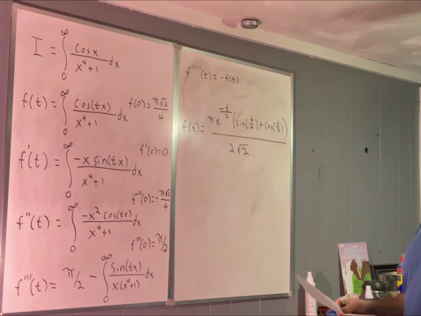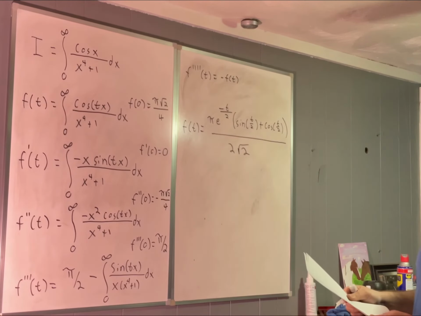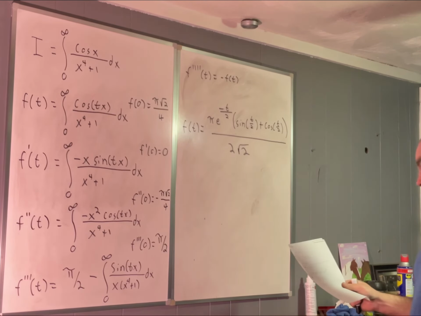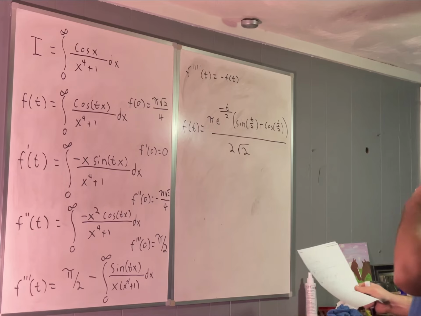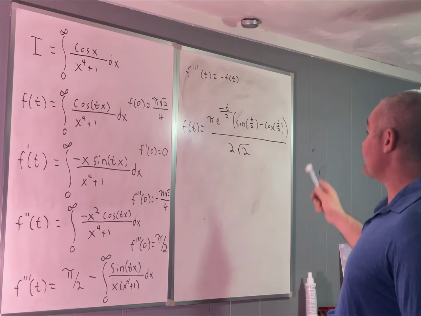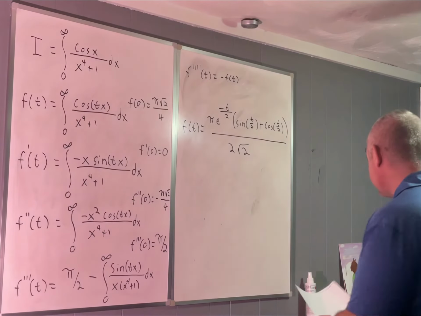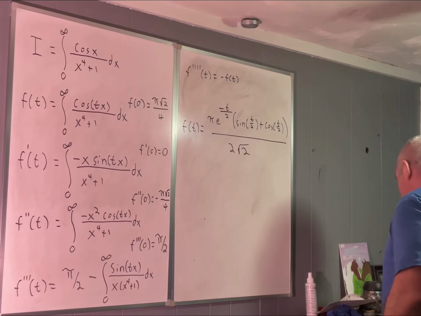I just want to check that one more time just to make sure I've not gotten anything wrong. Okay. No? That's it. So now it's a simple matter of plugging in 1 for t. And this is what you'll get.